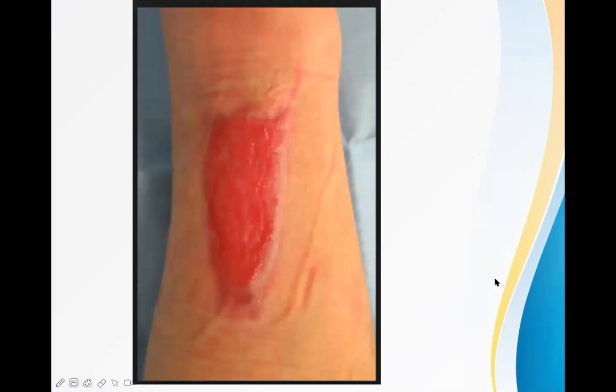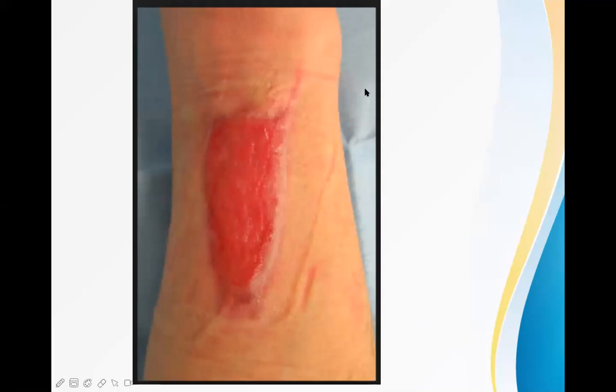Now see this. Can you tell me, is this abrasion or bruise? What is this? What do you think? Is this abrasion or bruise? Yes, please.